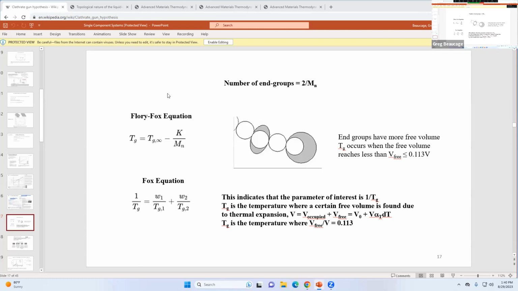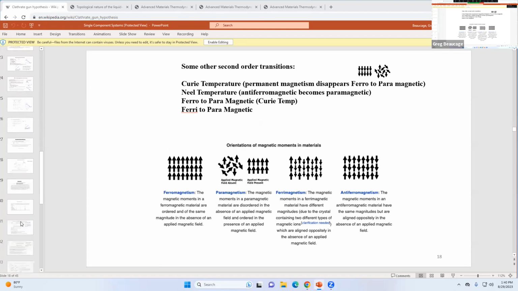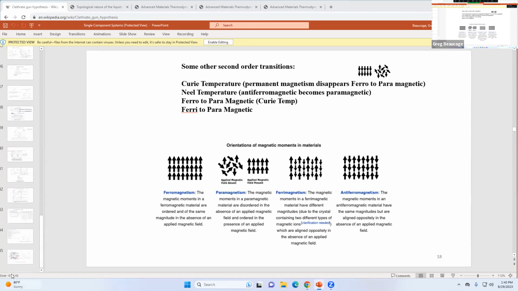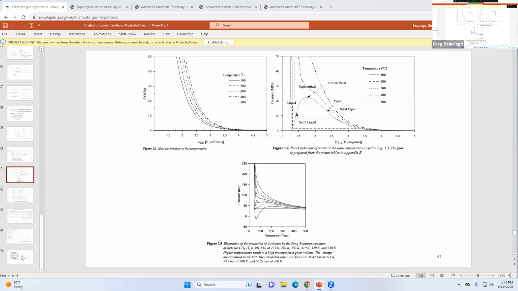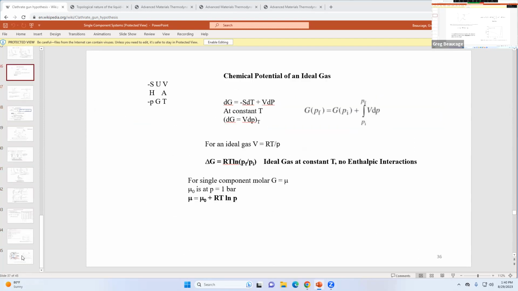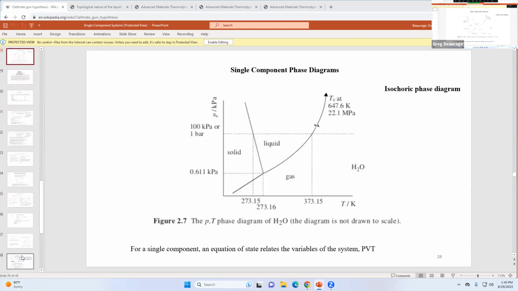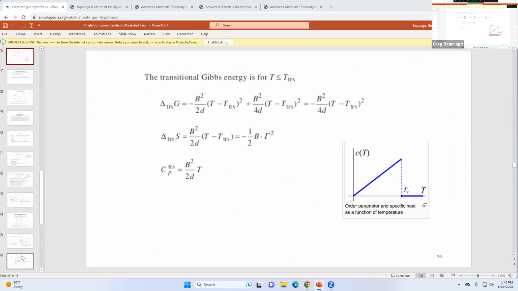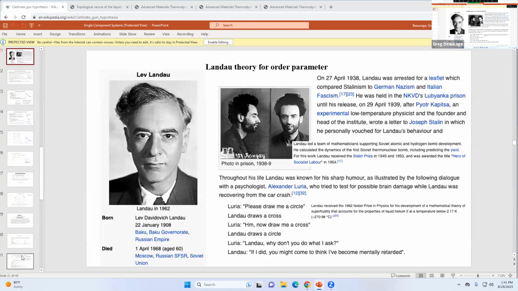But anyway, yeah, this is business. Let me skim through and see what I have here. Let me go to the end and see where this goes. It's phase diagrams, which I can already mention a little bit. Oh, the Landau theory.